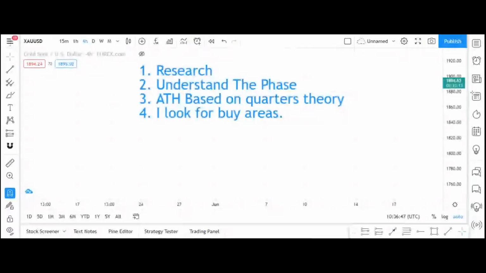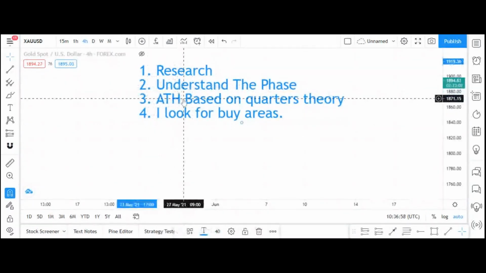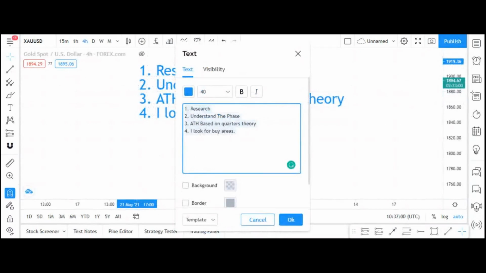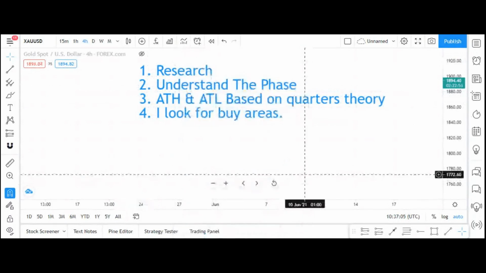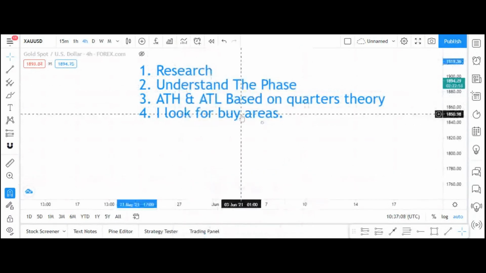I research the stock, I understand the phase, then I look for ATH and ATL, all-time highs and all-time lows, not just ATH. Based on quarters theory, then I look for buy areas or sell areas.